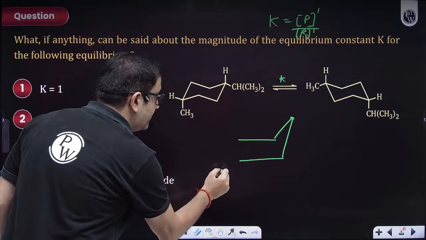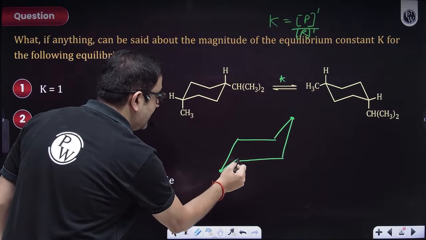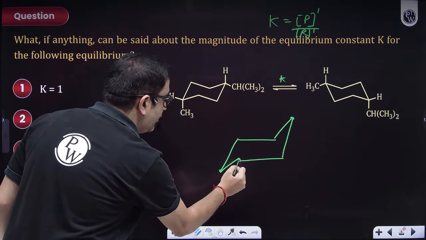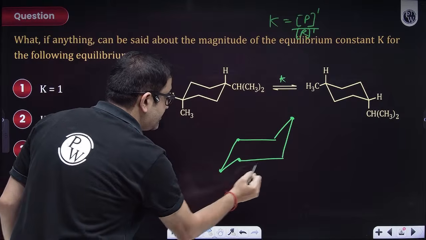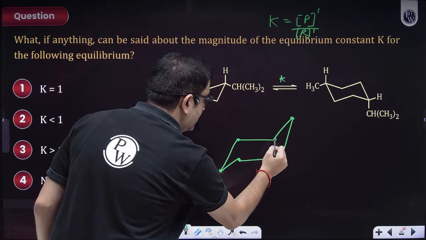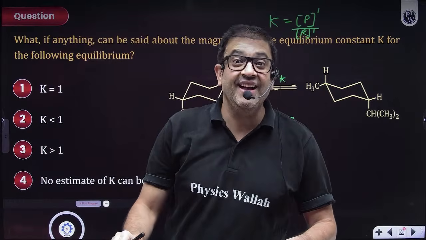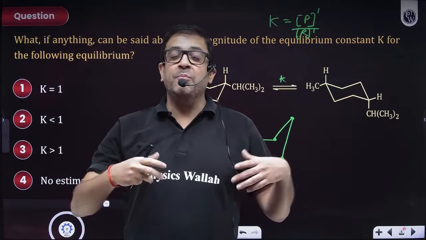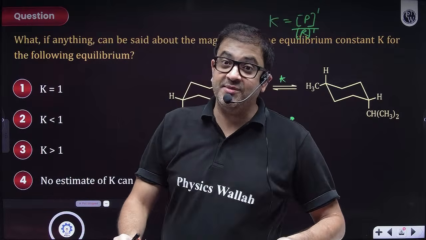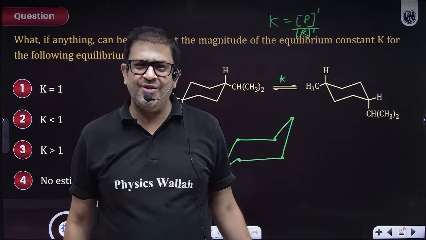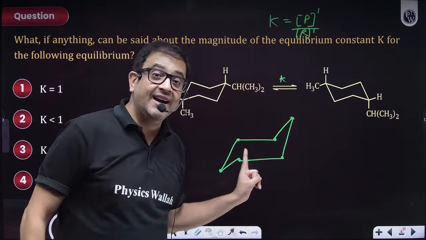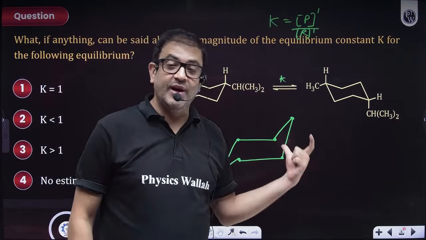A bottom carbon, join with both the lines, and there you go. You have beautifully formed your chair form, which is generally the most stable form. Yes, again, if you have intramolecular hydrogen bonding, then the boat and twisted boat forms can also become stable because of intramolecular hydrogen bonding. But generally, the chair isomer of cyclohexane is more stable.